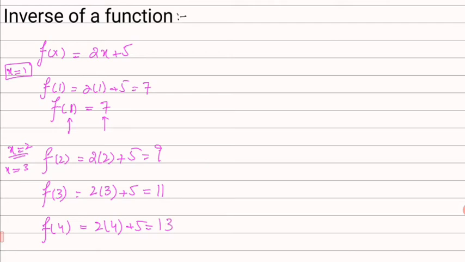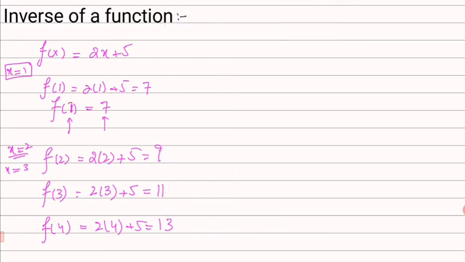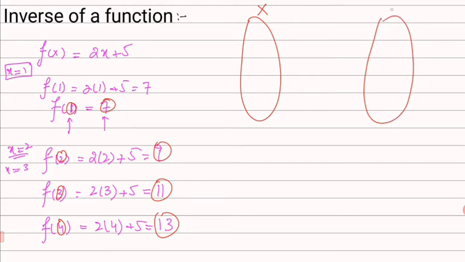f of 4 is equal to 2 into 4 plus 5, 2 fours are 8, so 13. If you go through these values again: at 1 I'm getting 7, at 2 I'm getting 9, at 3 I'm getting 11, and at 4 I'm getting 13. So if I take all these values of x in one set and y, or what we call the function, the values of x were 1, 2, 3 and 4.